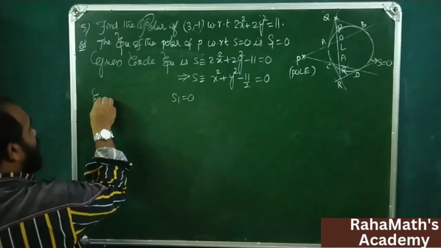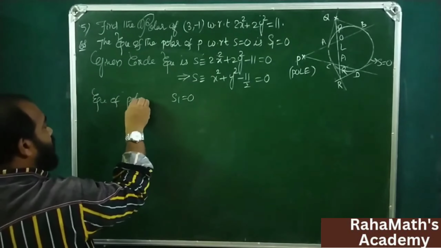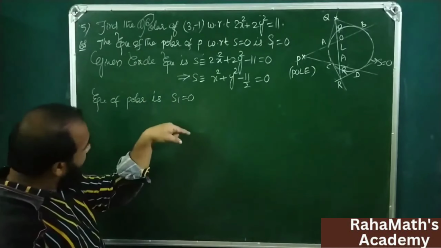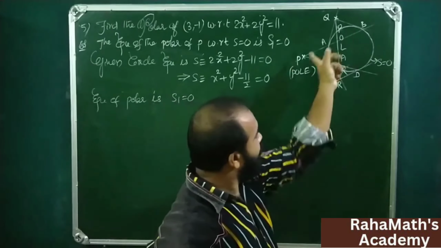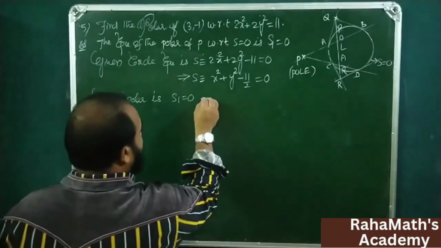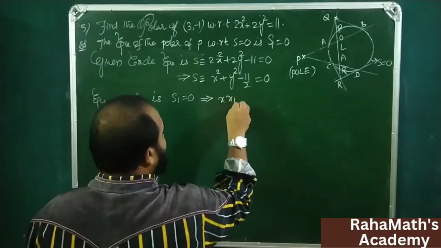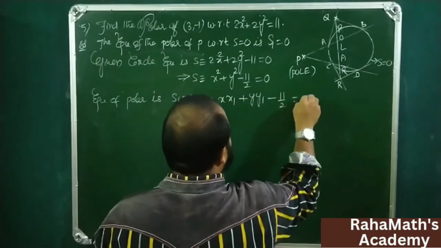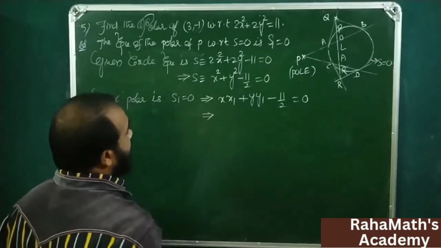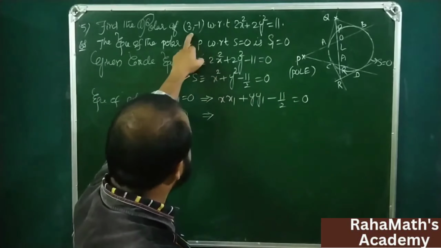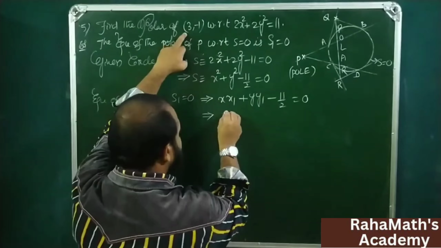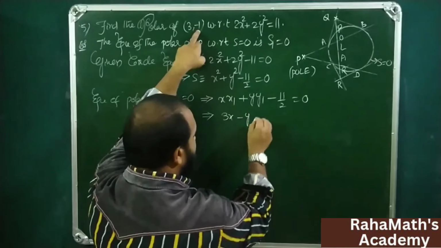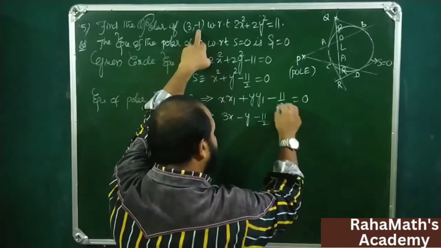Equation of polar of P x1 y1 with respect to S equals to 0 is S1 equals to 0, which implies x x1 plus y y1 minus 11 by 2 equals to 0. x1 is 3, so 3x, y into minus 1, minus y, minus 11 by 2 equals to 0.